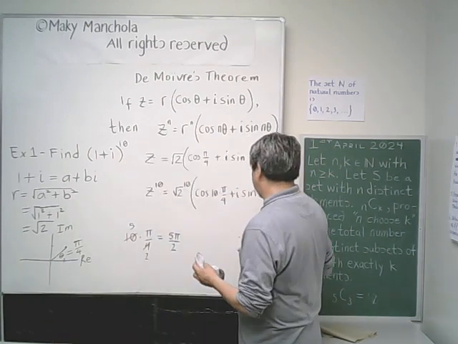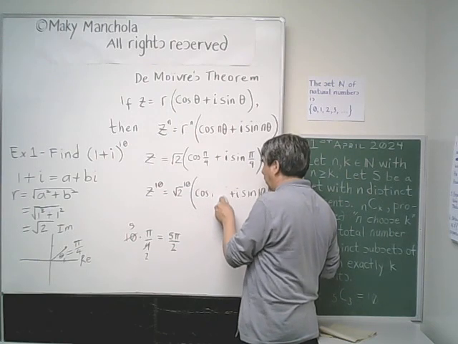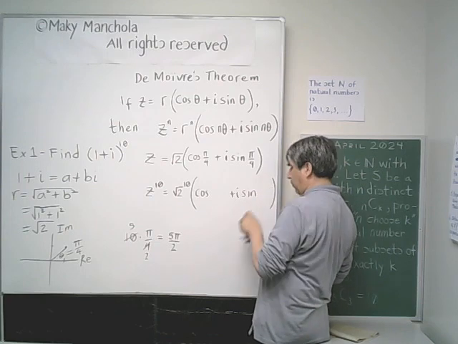Okay, so let's change this to our simplified answer. For 10 times pi over 4, we're changing it into 5 pi over 2.